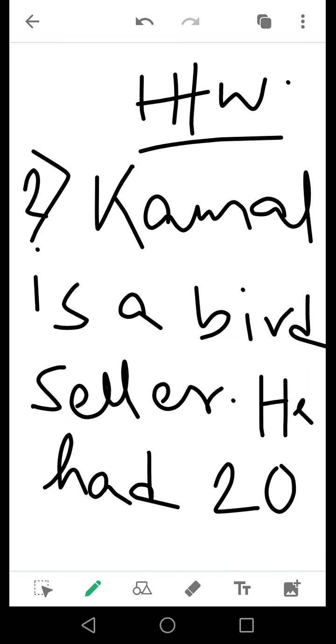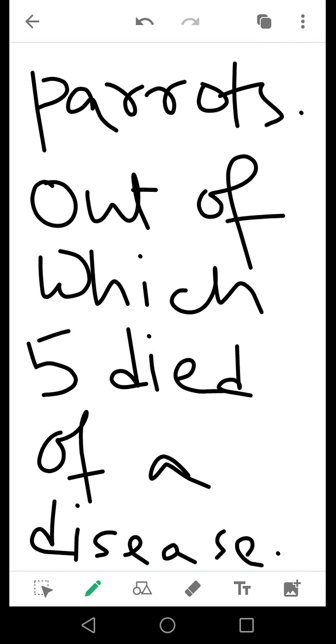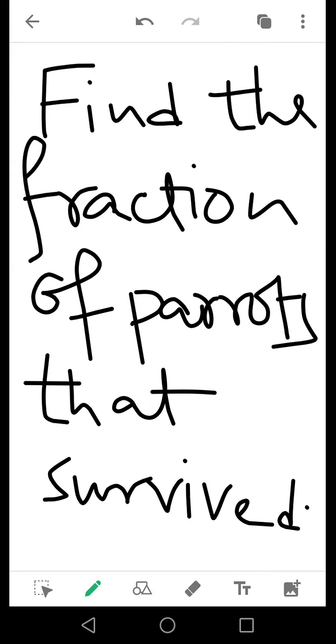Kamal is a bird seller. He had 20 parrots, out of which 5 died of a disease. That means out of the 20 parrots, 5 died of a disease. Then you have to find the fraction of parrots that survived.